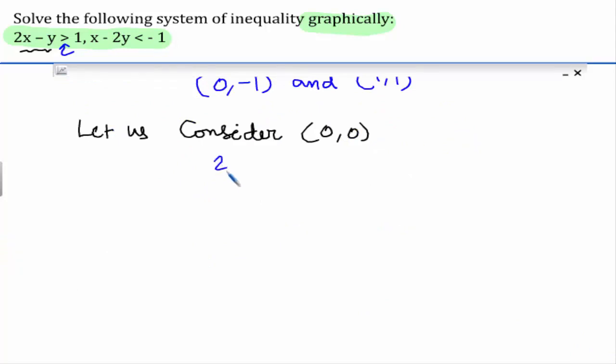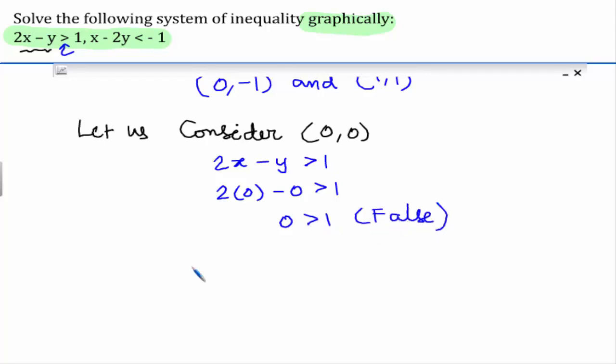The given inequality is 2x minus y greater than 1. If I substitute 0, 0 into this, I get 0 greater than 1, which is a false statement. So that means the point which you have selected is not included in the region. So therefore we will write origin is not included in the region.